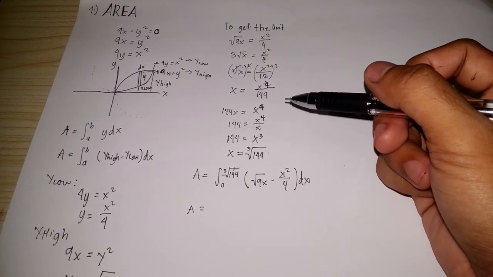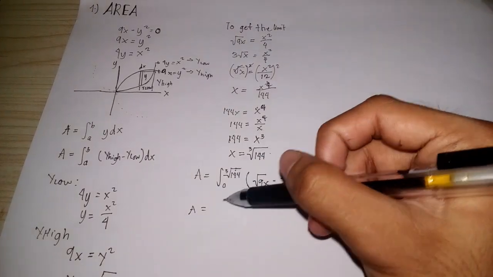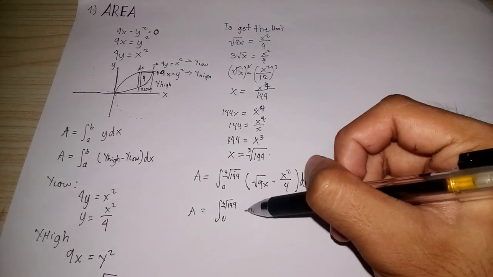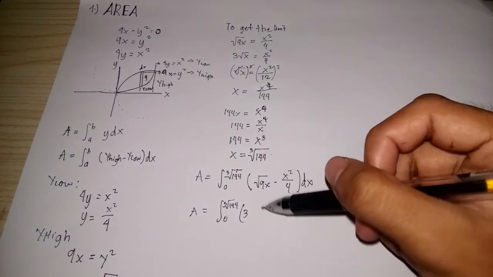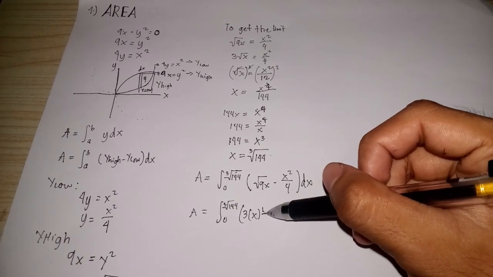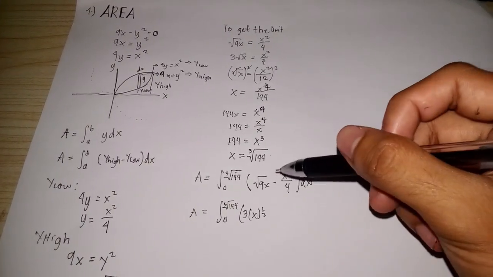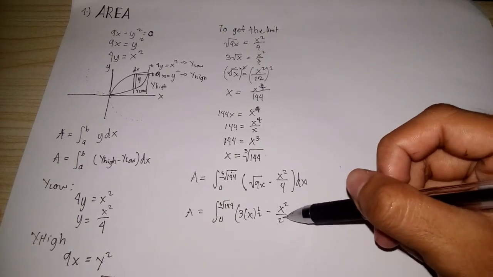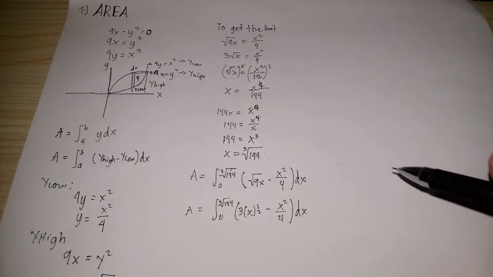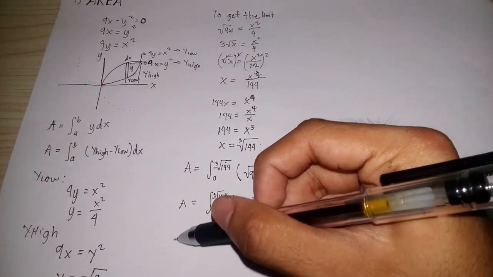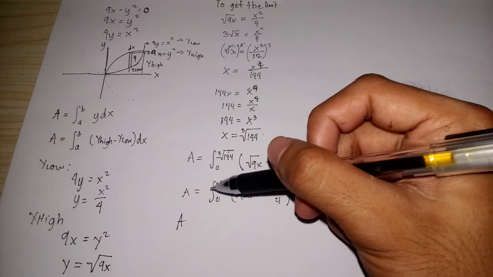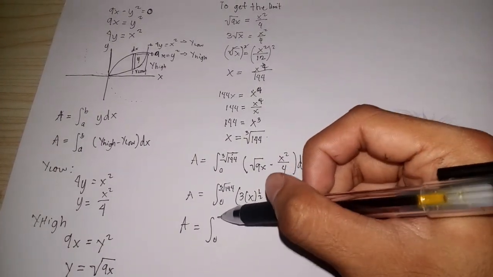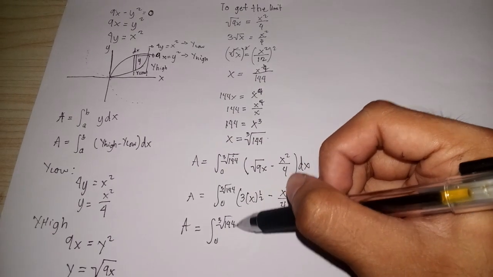So our 9x will become 3, then this x raised to 1/2, since the square root of 9 is 3, so minus x squared over 4 dx.